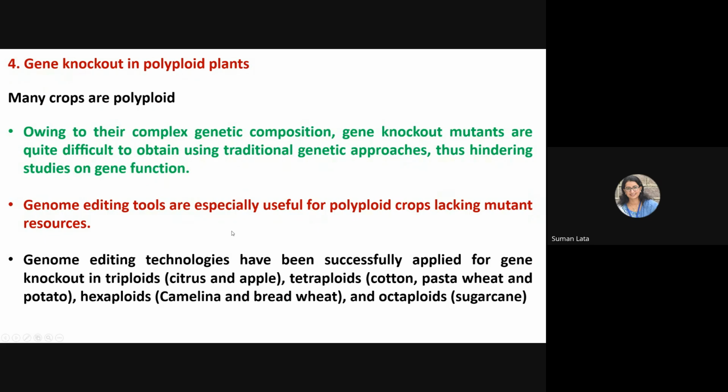Genome editing technologies have been applied for gene knockout in triploids like citrus and apple, tetraploids like cotton, pasta wheat, and potato, hexaploids like camelina and bread wheat, and octaploids like sugarcane. So in case of polyploids also, the genome editing system can be employed.